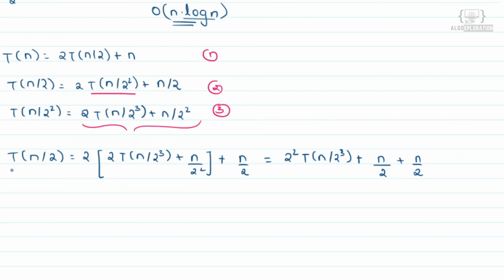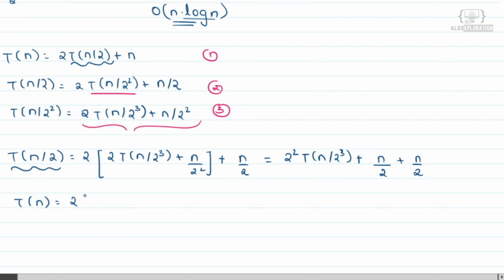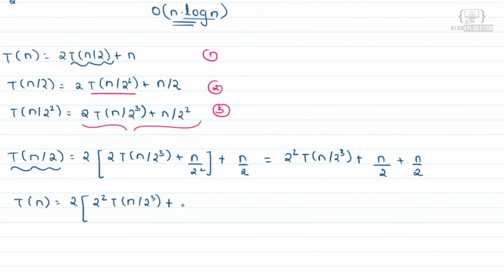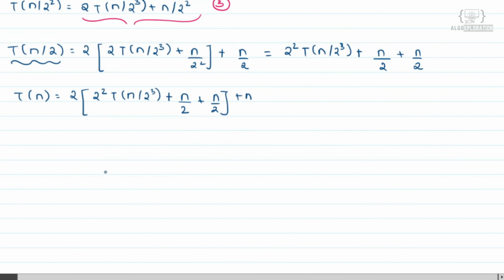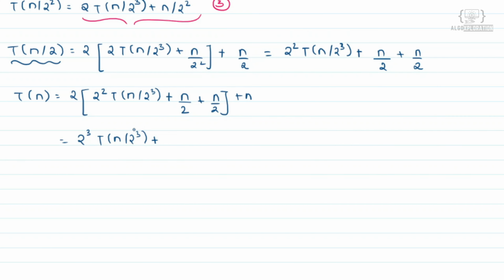Now we got the value of T(n/2), so we will put it in this. We get T(n) = 2(2^2 T(n/2^3) + n/2 + n/2) + n. So this will be 2^3 T(n/2^3) + n + n + n.